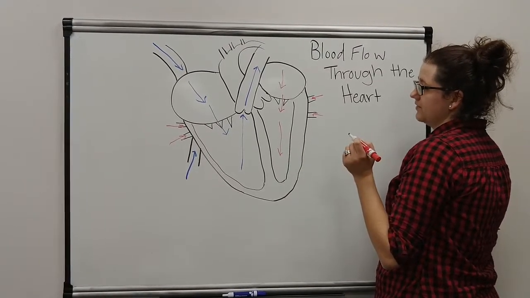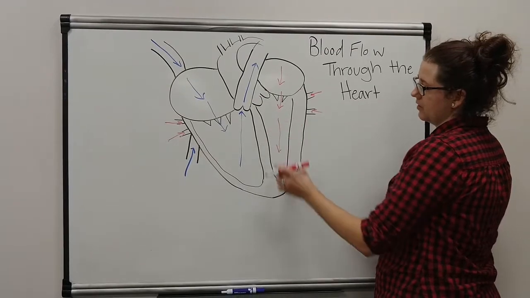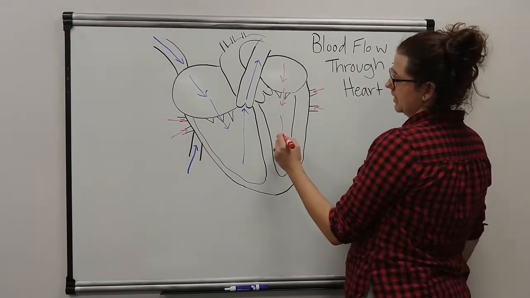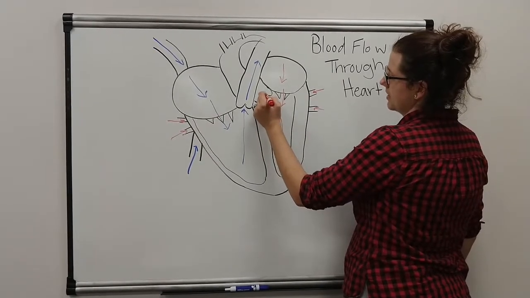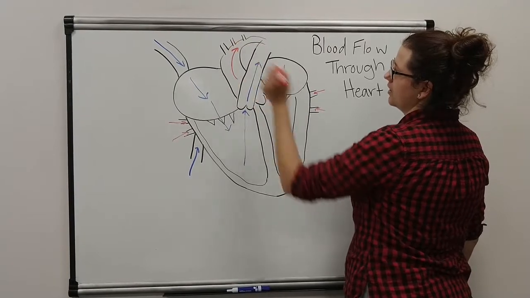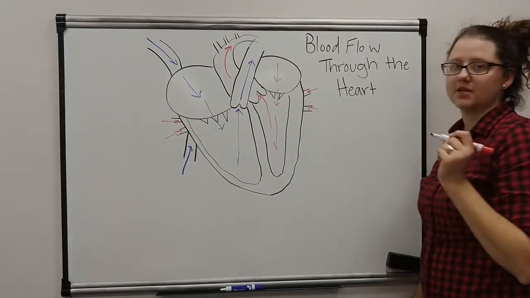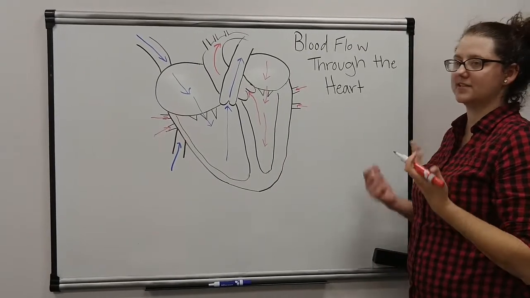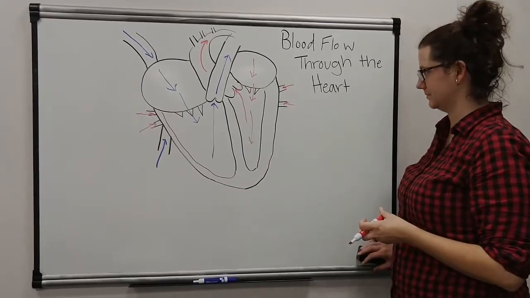The left ventricle has thicker walls because it has to contract harder to push the blood through the aortic semilunar valve into the aorta and through the systemic circulatory circuit. And that is how the blood flows through the heart.